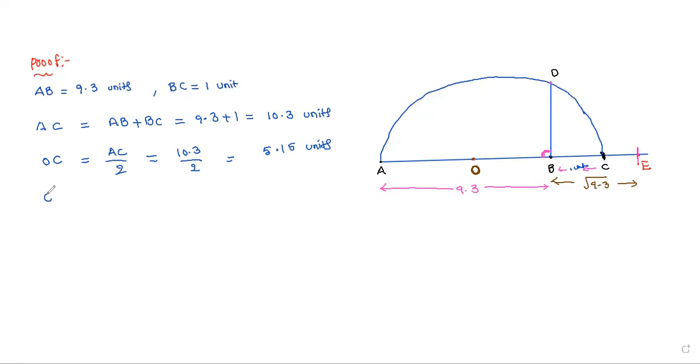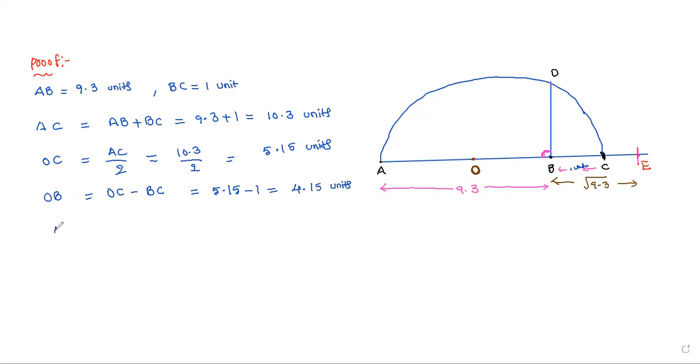Now write OB, which is OC minus BC. So 5.15 minus 1, subtracted directly, is 4.15 units.